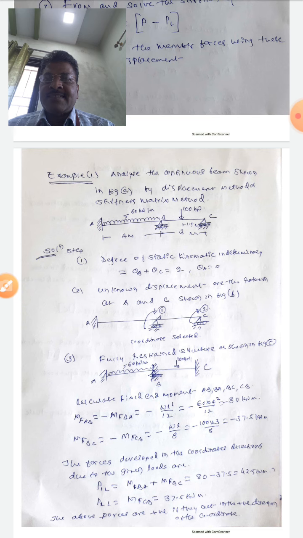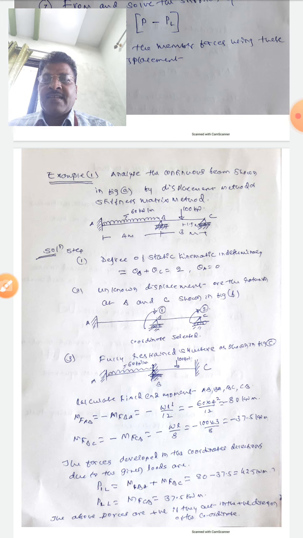I already discussed this in the flexibility matrix method. The same example I want to solve in the stiffness matrix method. Here the given continuous beam is A, B, C, where A is a fixed support, and B and C are roller supports. The external loading is 60 kilonewton per meter UDL acting in span AB, and in span BC a 100 kilonewton load acting at the center.